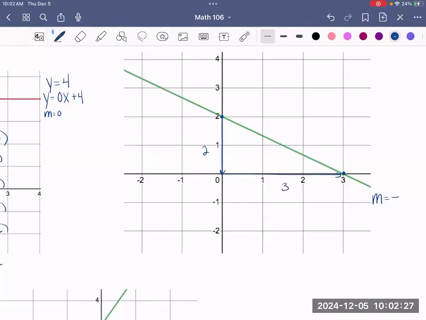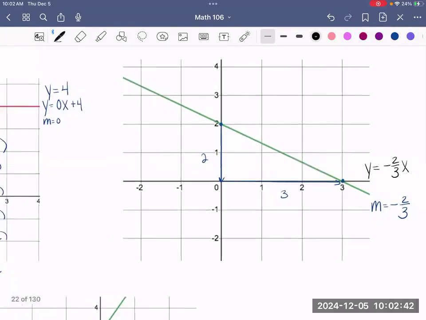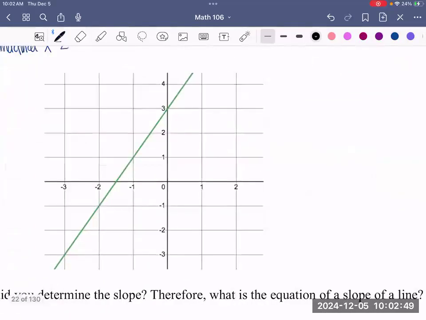Because we had to go down, we now have a negative slope. So now let's put it into the form y equals mx plus b. y equals your slope, your m, x. And then what is your b? Your y-intercept is 2.